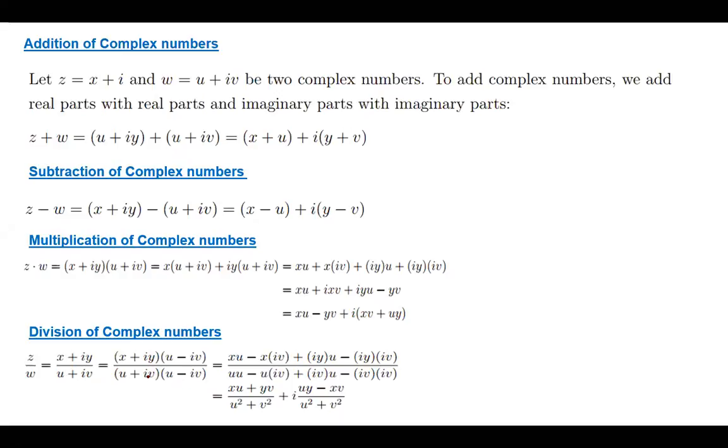So a conjugate is just the same complex number which is the denominator, but you just change the sign in between here. If it was plus, it becomes minus, and then what you do on the denominator, you also do the same on the numerator. Meaning if you're multiplying with u minus iv on the denominator, even the numerator you multiply it with the same, then you get this, and then you simplify them to that.